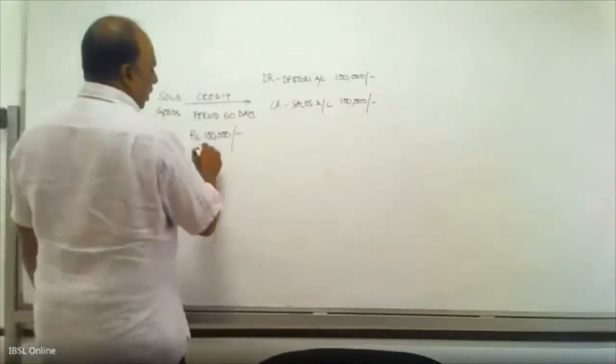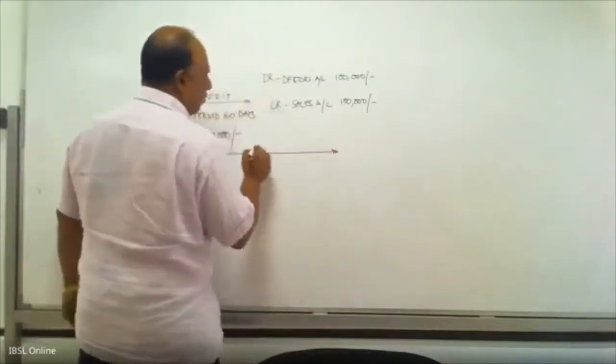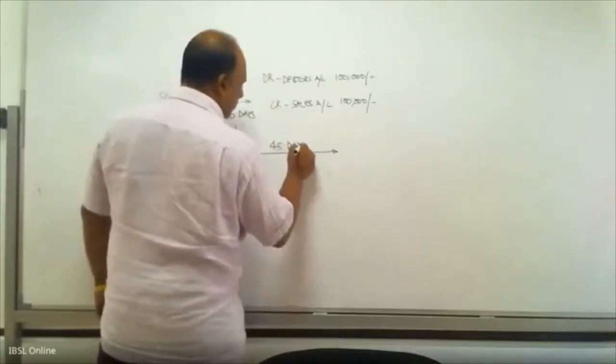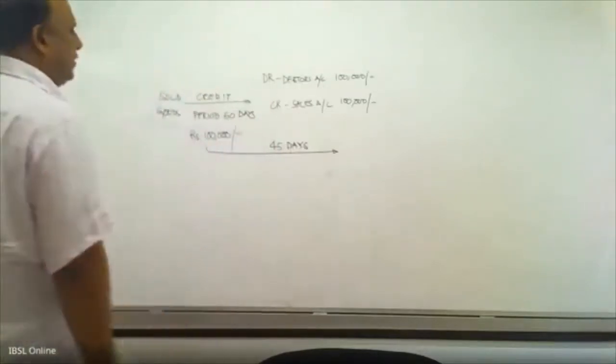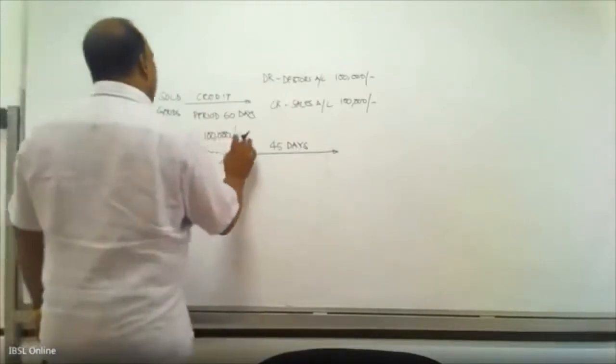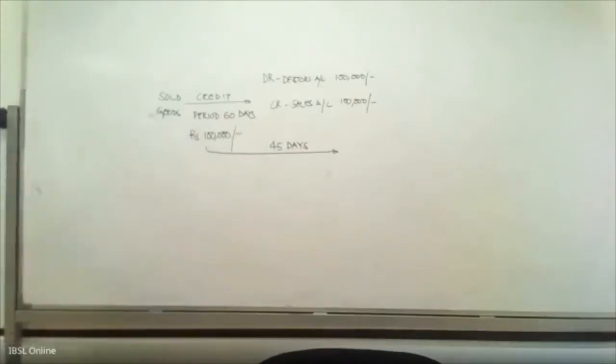After about 45 days, this debtor comes to you and tells you, look, I bought goods from you for 100,000, but at this time I am facing some difficulties.